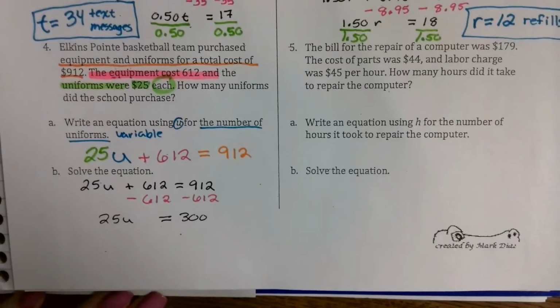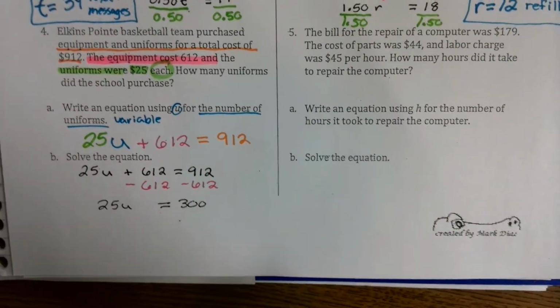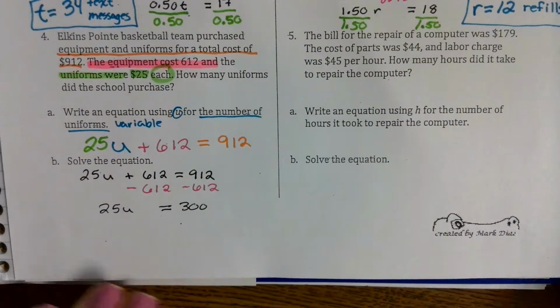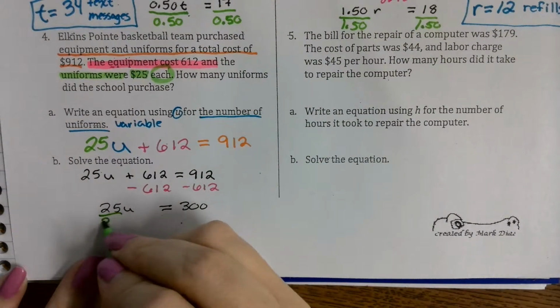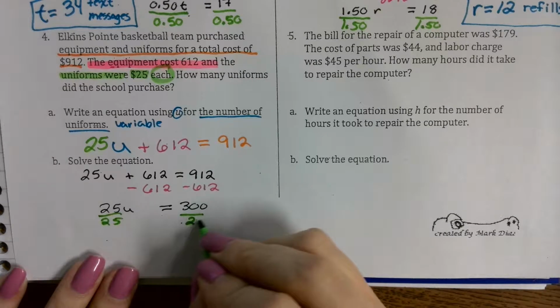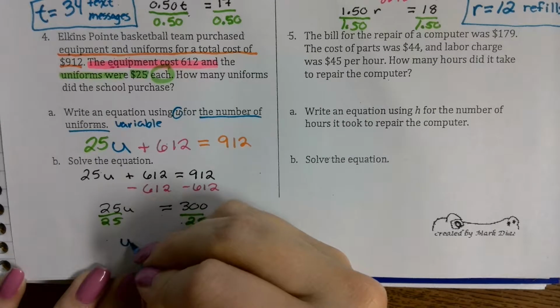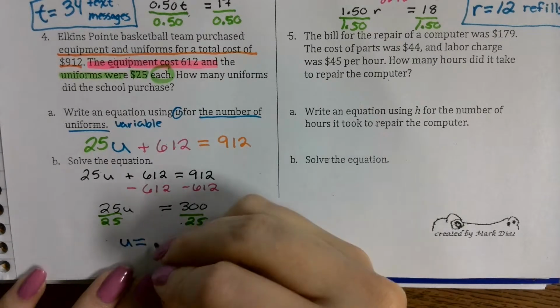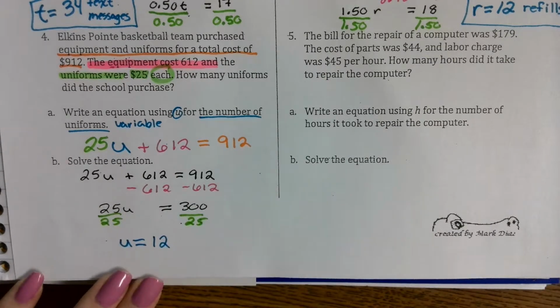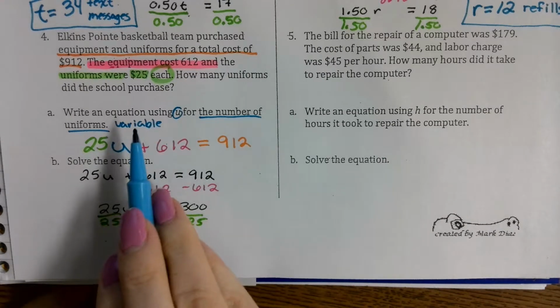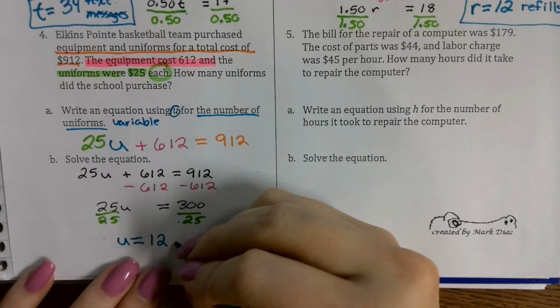What's the next inverse operation? Joel? Divide by 25 on both sides. And what will U equal? 12. And 12 what? What does it represent? Uniforms. 12 uniforms.